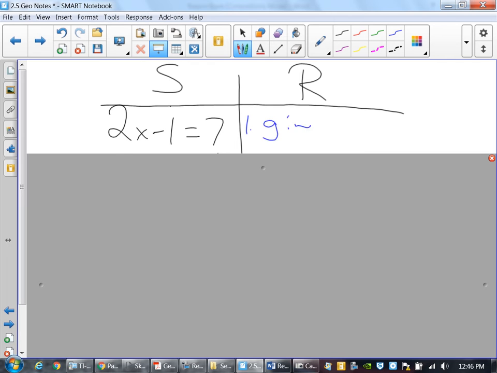You start with a given. In an algebra problem, you'll be given an equation to work with. In a geometry proof, you will be given some information. You would start by writing down that information. Algebra is pretty simple. You guys know how to go about your way to solve for x. Geometry, on the other hand, is going to be a little bit more difficult.